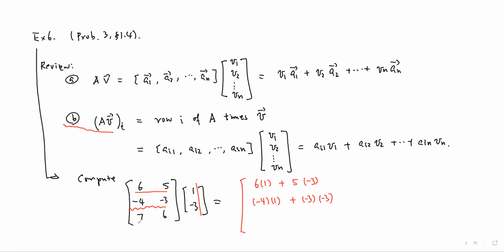The third entry is row 3 times the vector: 7 times 1 plus 6 times -3. So the answer is -9, 5, -11. That is the answer. Done.